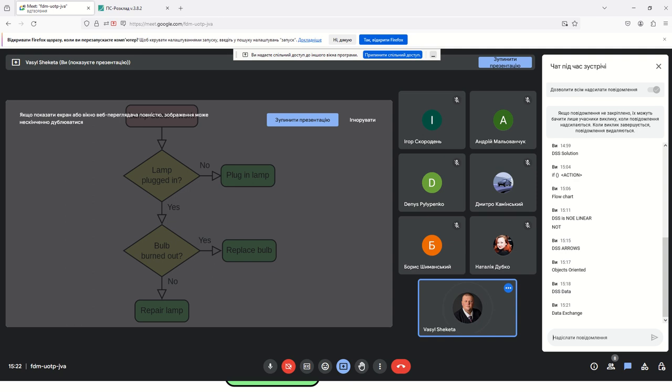Yes, in IT in general, in DSS, we build some scenarios, build some strategies of implementation.